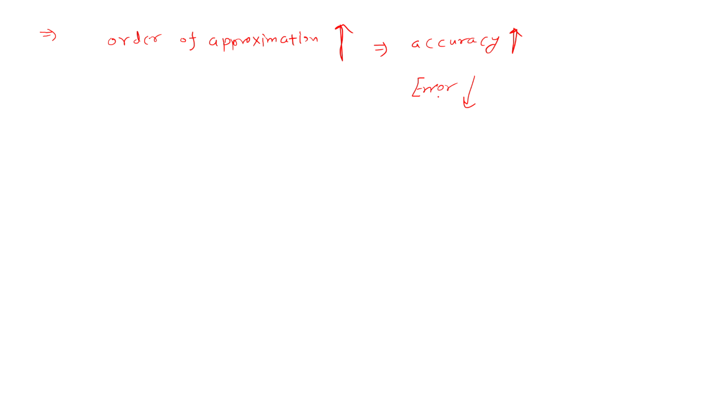Similarly, if I reduce the x minus x naught value, then also my error will come down.